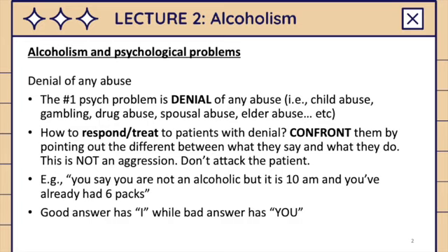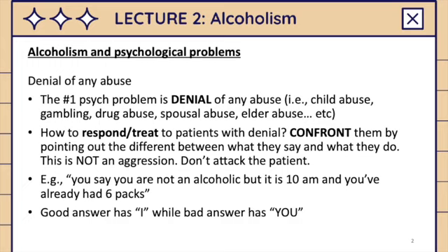Now, I want you to understand, the title of this lecture is what? Alcoholism, but this first part is you can use the alcohol rules for any abuse. So what's the number one psychological problem in child abuse? In gambling? In cocaine abuse?